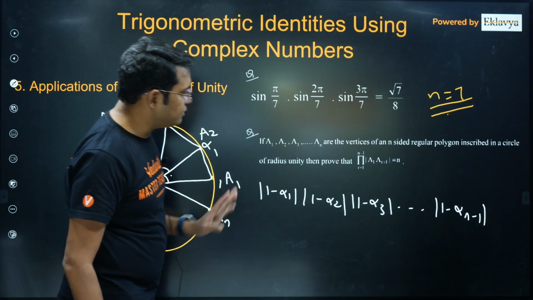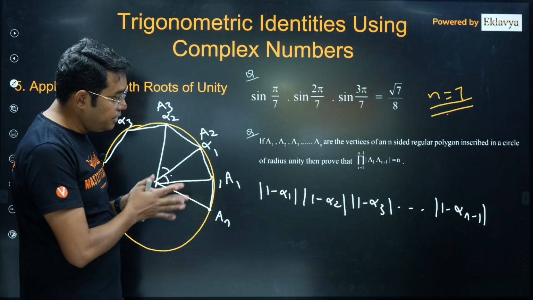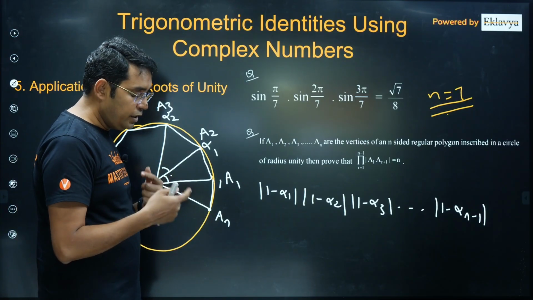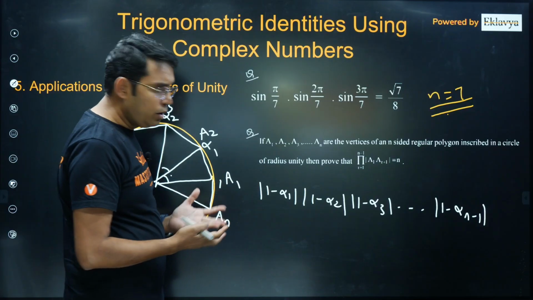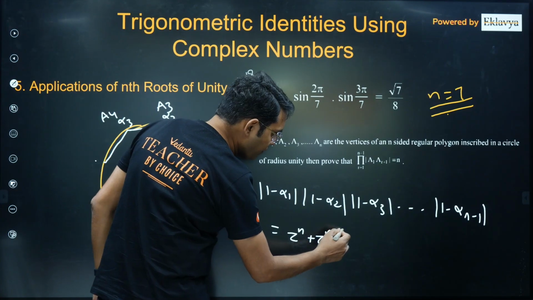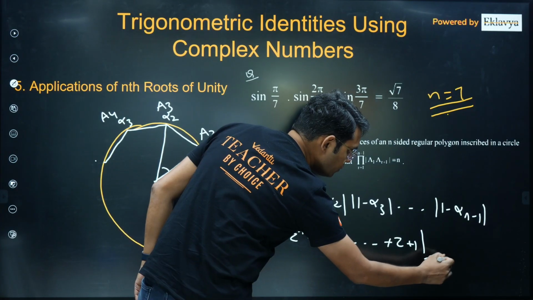So we are looking for the product of all these distances. Now this is nothing but, if you use the factor theorem, z power n minus 1 plus z power n minus 2 and so on plus z plus 1 when z is equal to 1.